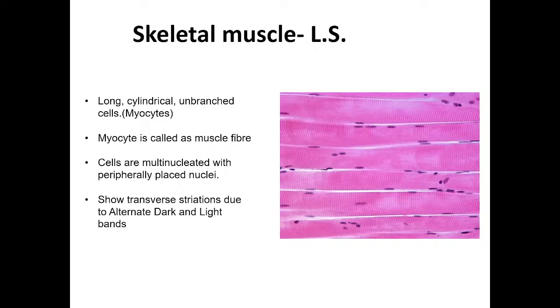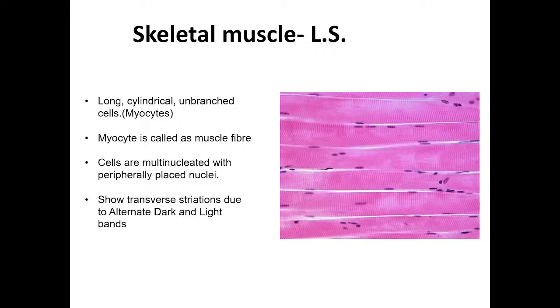Now, myocytes are derived from myoblasts. During the developmental period, many myoblasts fuse with each other, they lose their cell membrane, and there becomes one single myocyte, but the nuclei of the different myoblasts are retained. So one fiber or myocyte of a skeletal muscle is a long cell with many nuclei.